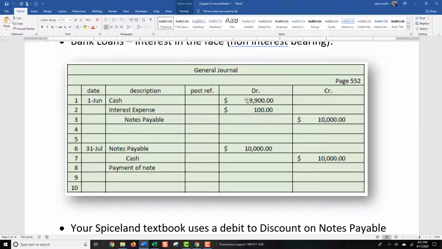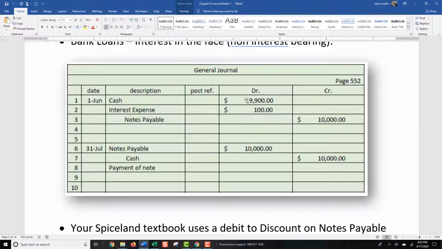So how do you handle that? You write off the $100 in this second example, whatever the numbers were from this textbook. The interest expense was calculated at $100.